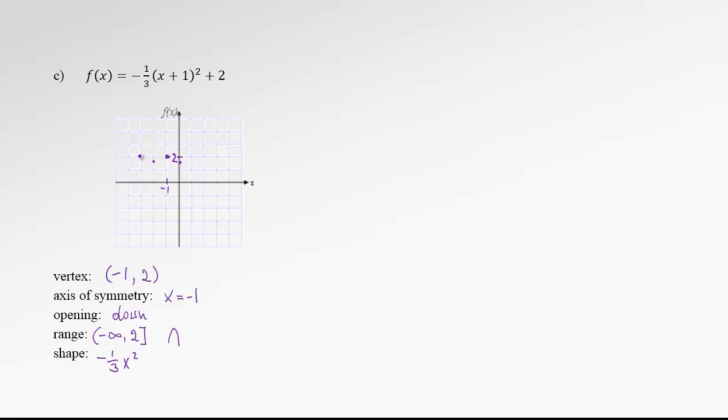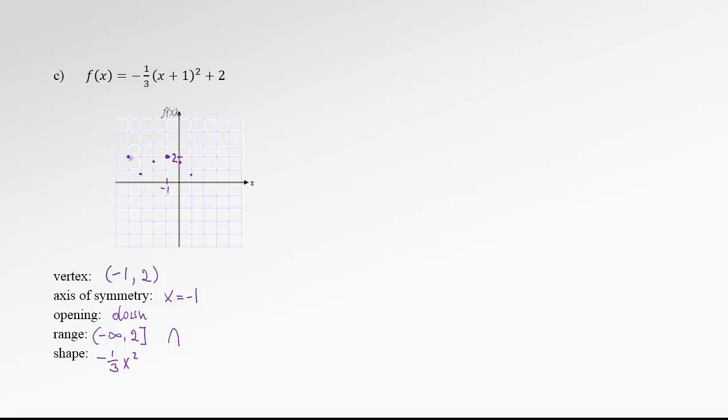Then, if we go 2 across, normally it would be 4 down, but if we multiply 4 by 1/3, that becomes 4/3. So 1 1/3, somewhere here, and 2 across to the other side, 1 1/3 of a step down. Since we see that the parabola is pretty wide here, let's check maybe one more point.